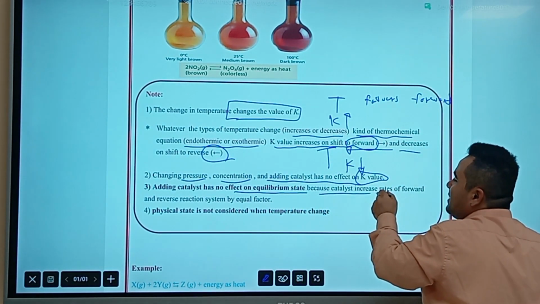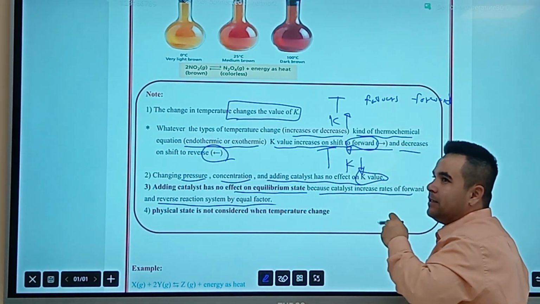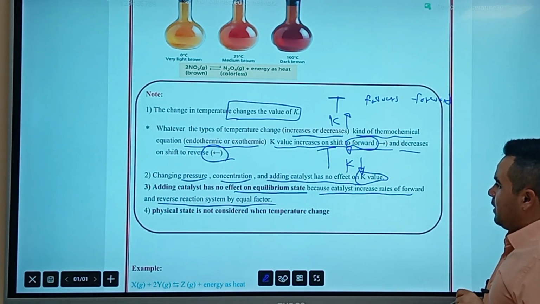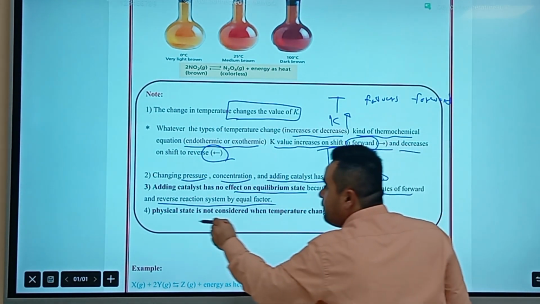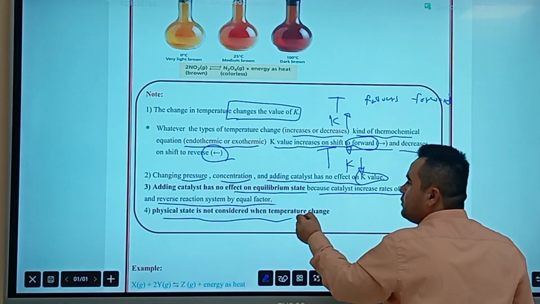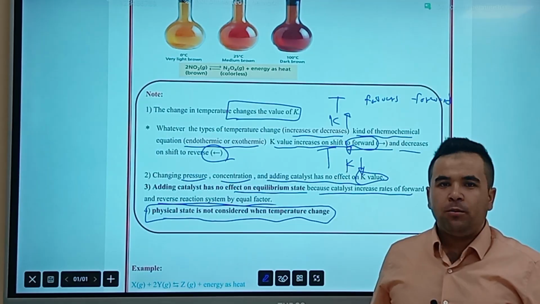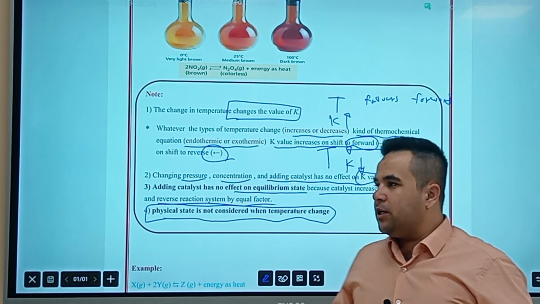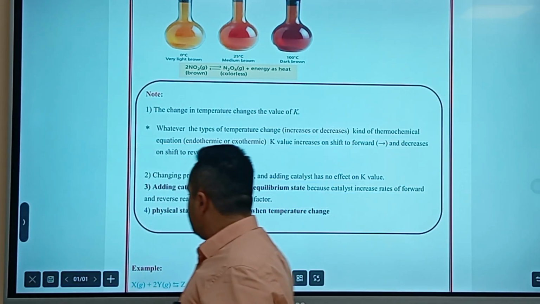Why? Because a catalyst increases the rate of the forward and the reverse equally, and that does not change the equilibrium constant of the system. Physical state is not considered when temperature changes. Whenever we talk about temperature, we do not consider the physical state.